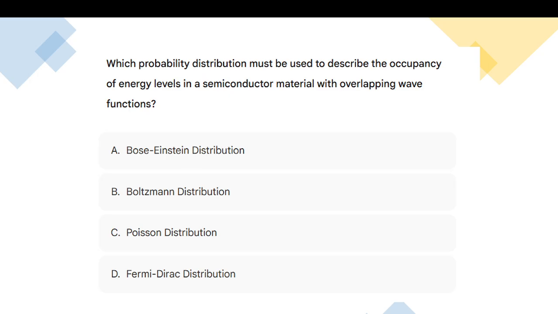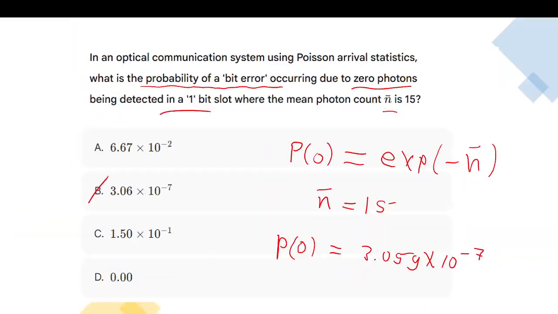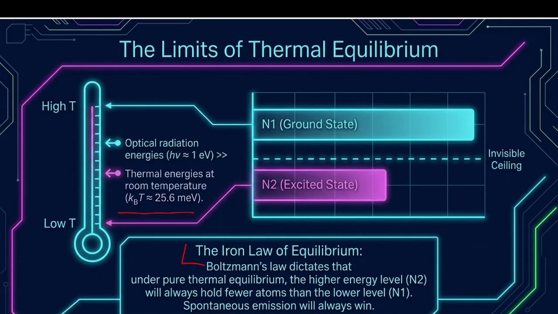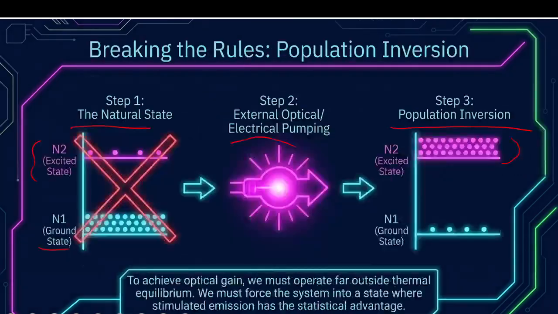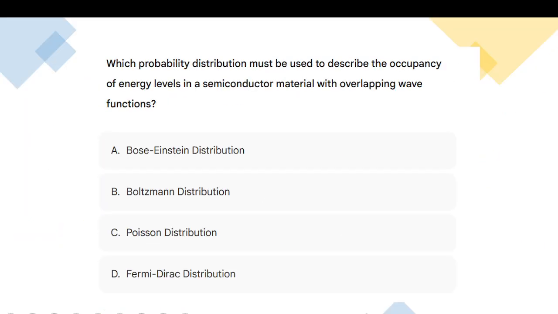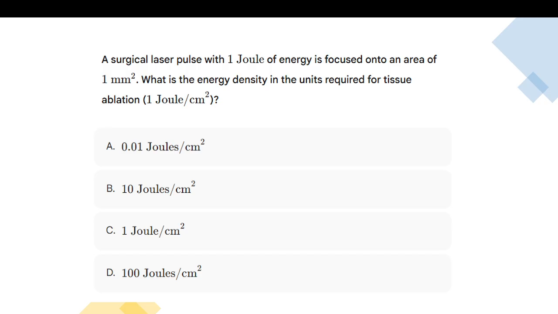As we discussed previously, for a gas phase or an organic system the distribution will be Bose-Einstein, then the Boltzmann distribution, and in semiconductors the Fermi-Dirac distribution. So this semiconductor case is described by the Fermi-Dirac distribution.